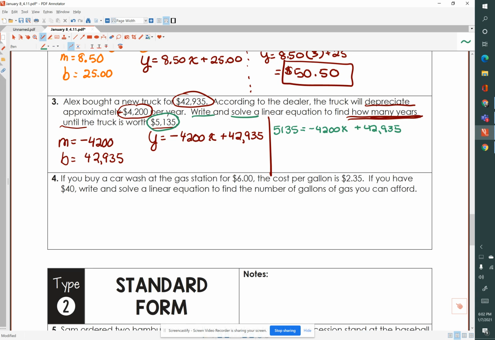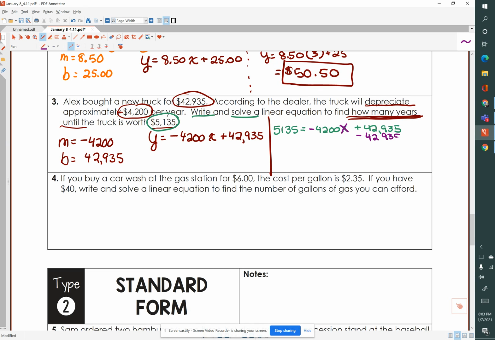Okay, that's what we need to solve. And we need to find x. This is what we're looking for, because that's going to represent the number of years, because the truck depreciates $4,200 each year, which is why this number is negative.